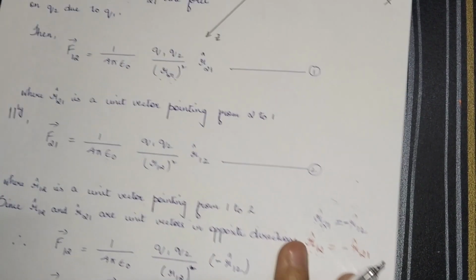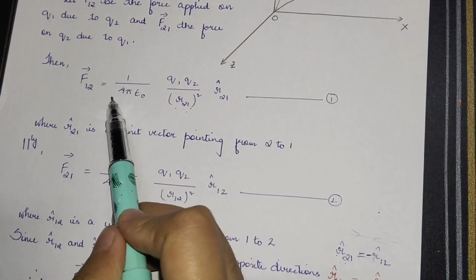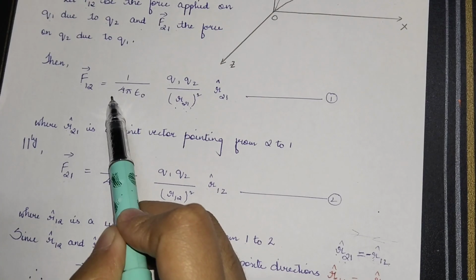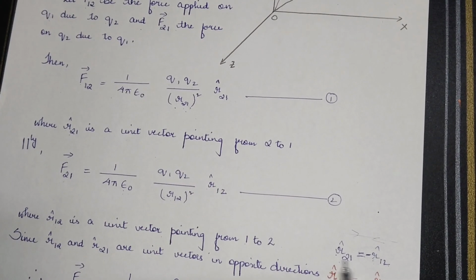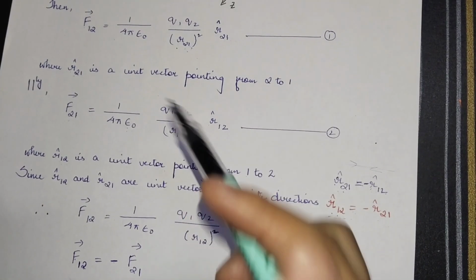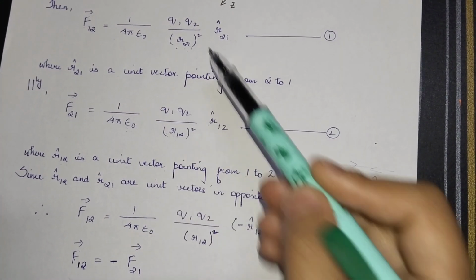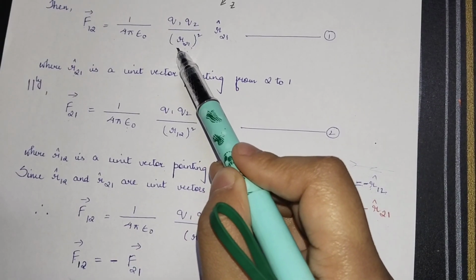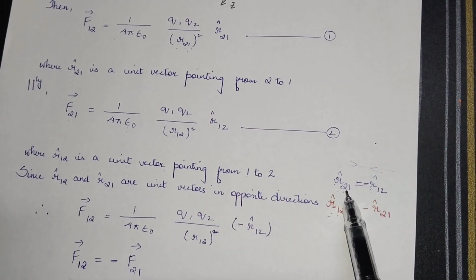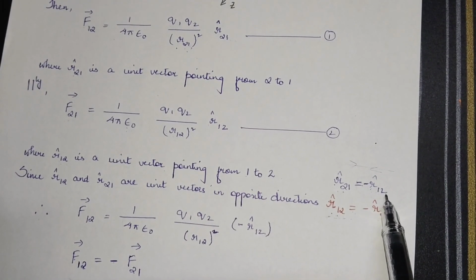So let's take up equation number 1 and substitute this value here. I have F12 equal to 1 by 4 pi epsilon naught q1 q2. Wherever I see r21, I'll be replacing it with r12.